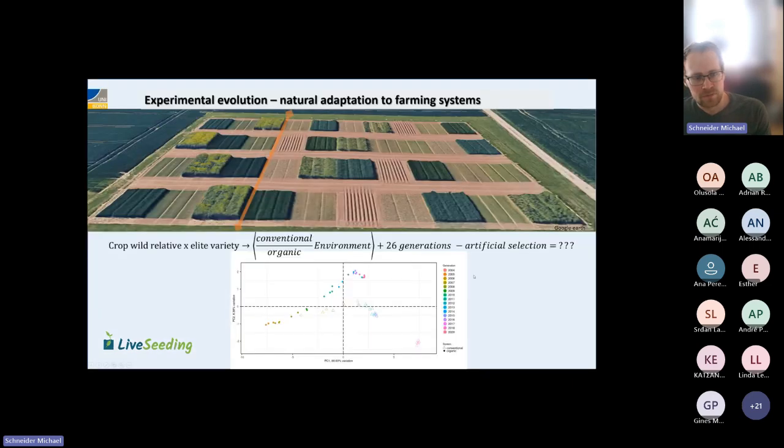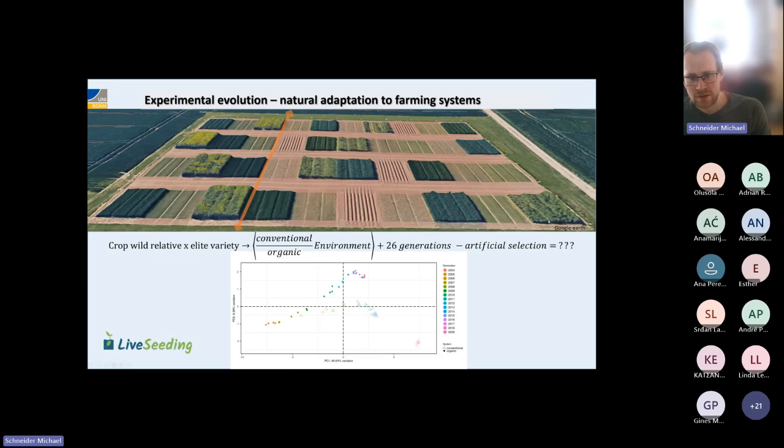And we had a similar problem in the past, in a cooperation with the University of Bonn, where they also had a very long ongoing experiment on natural evolution in a conventional and in an organic environment, where we also performed a crossing of a former elite variety and some crop wild relatives that are commonly used to introduce new alleles that are quite beneficial, for example, for climate change adaptation.